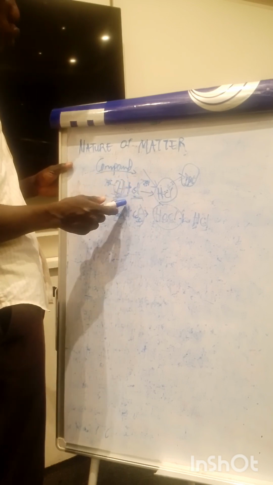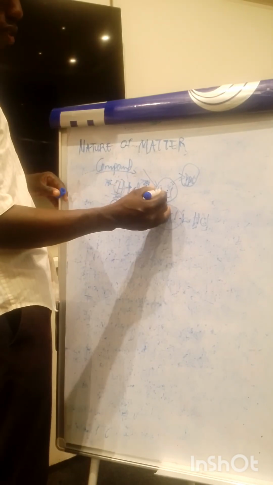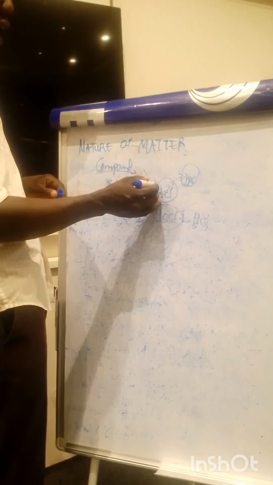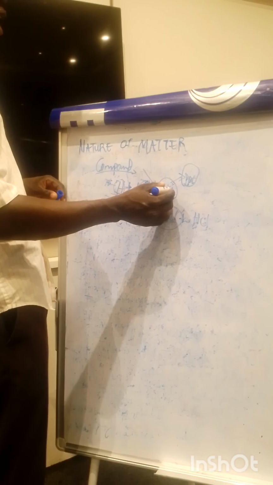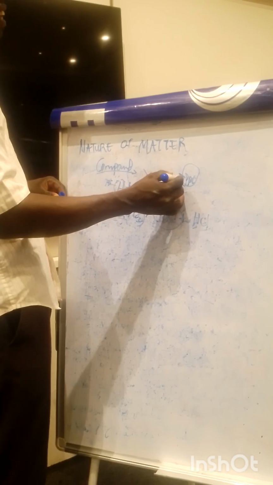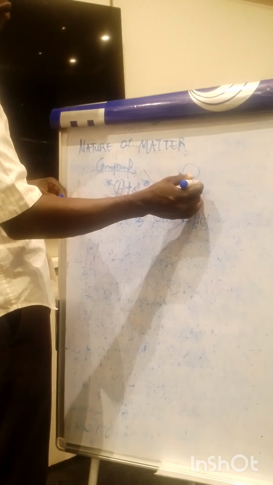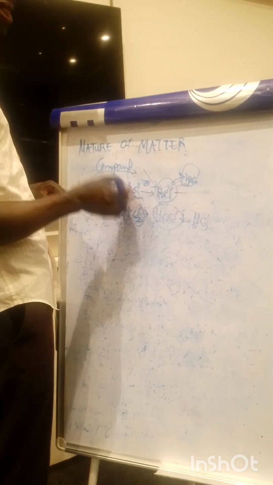No, it will not be retained. So here you know that another substance is being formed, which is a compound, and this compound would have different chemical properties from those of its component elements.